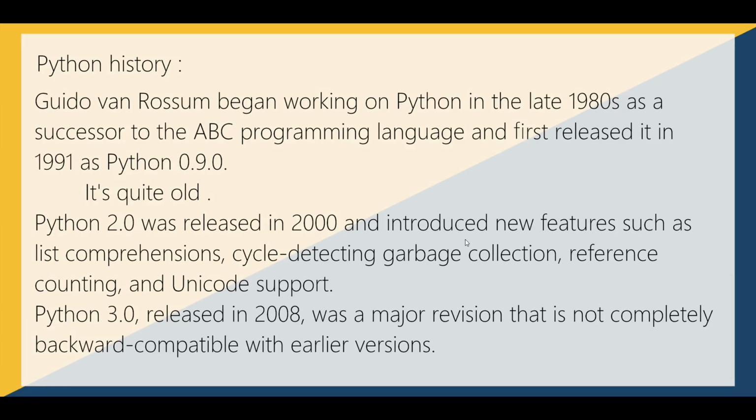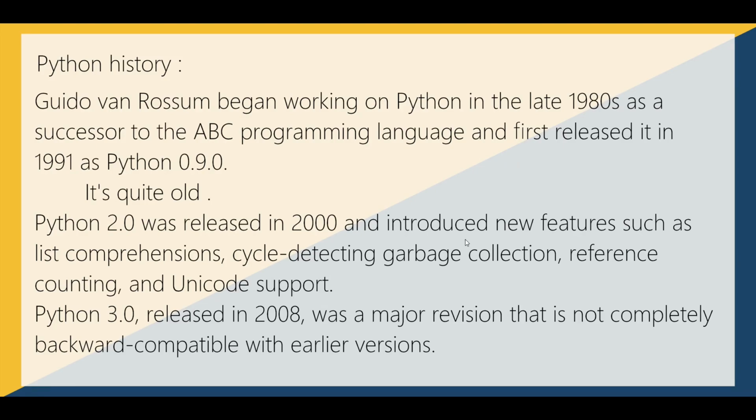Python history. Guido van Rossum began working on Python in the late 1980s as a successor to the ABC programming language, and first released it in 1991 as Python 0.9.0.